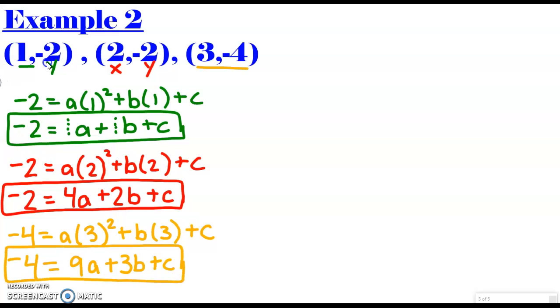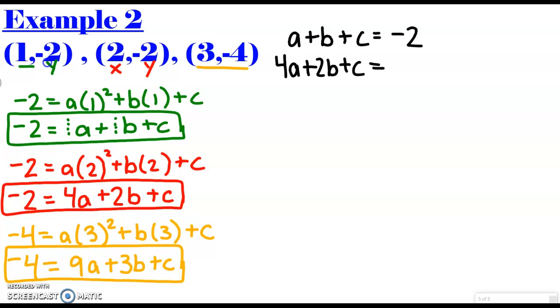I'll rewrite it to make it pretty. So we've got a plus b plus c equals negative 2, the green one. 4a plus 2b plus c equals negative 2, the red one. And 9a plus 3b plus c equals negative 4, the orange one.